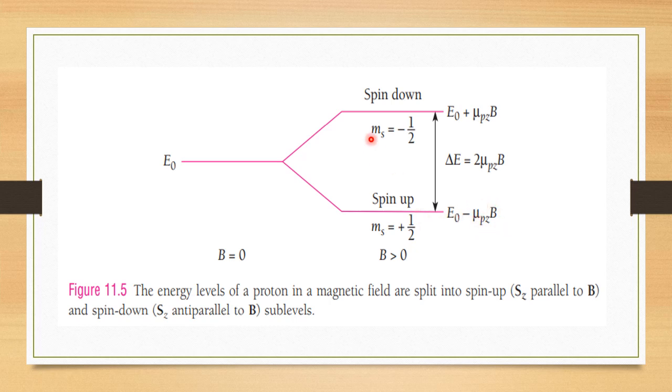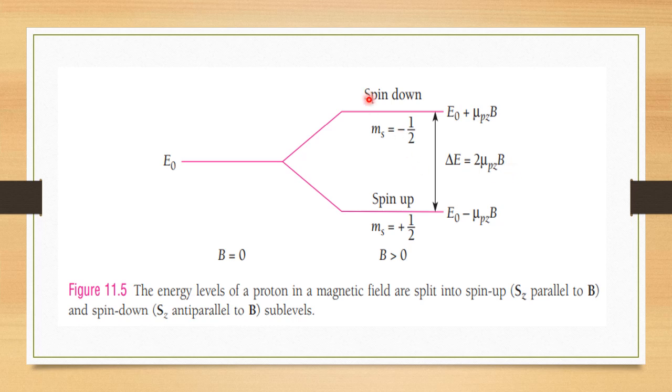The other case is when ms equals minus half, the spin down state. Spin down means Sz is anti-parallel to B. Then the energy will be E0 plus mu PZB, so it increases by an amount mu PZB. The energy difference between these two levels is 2 mu PZB.